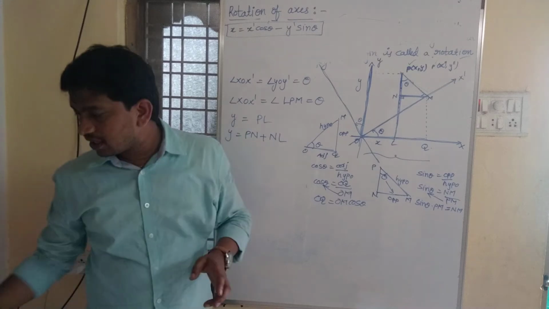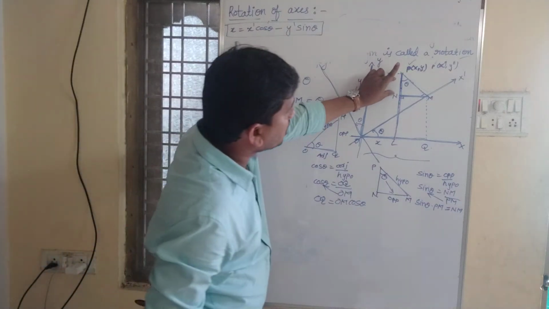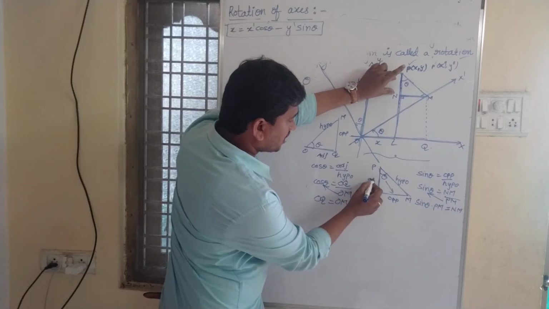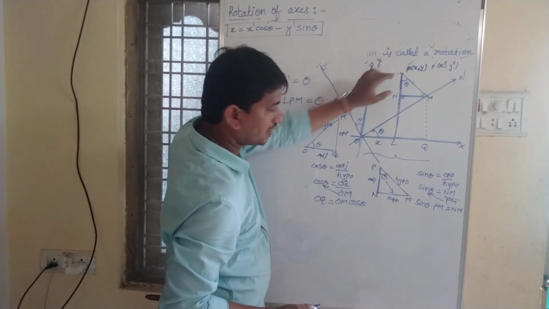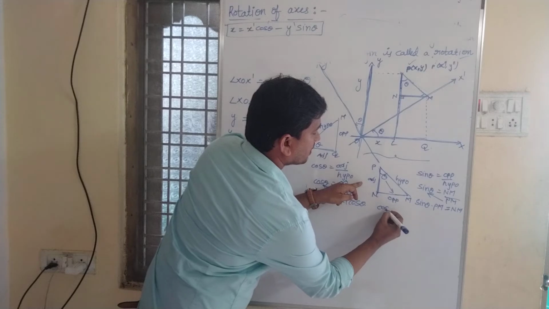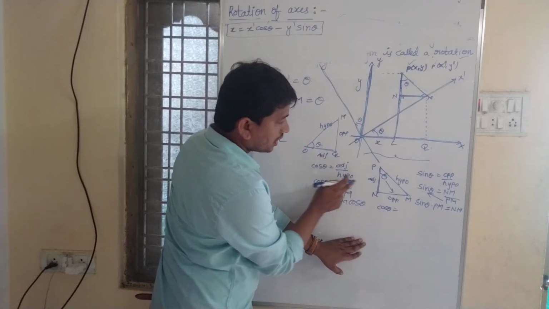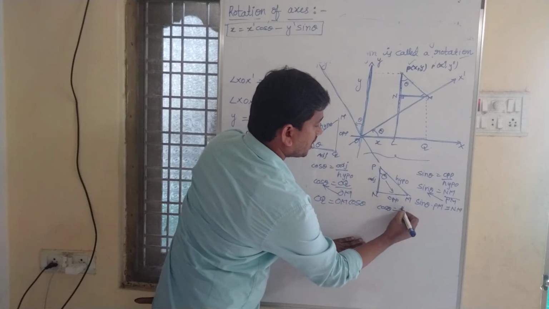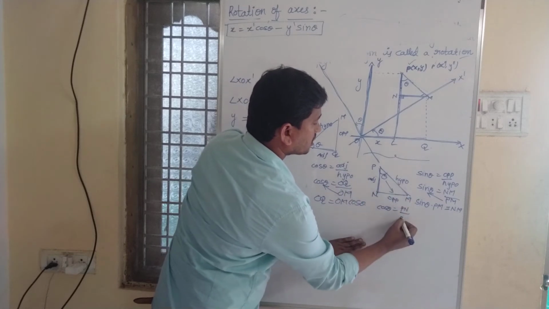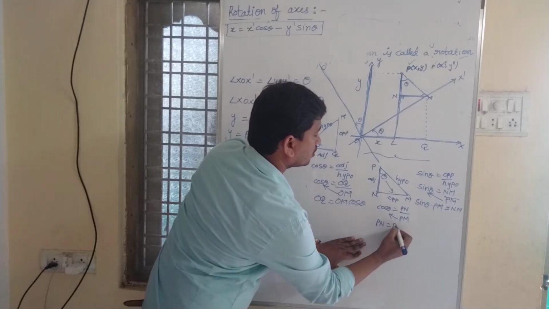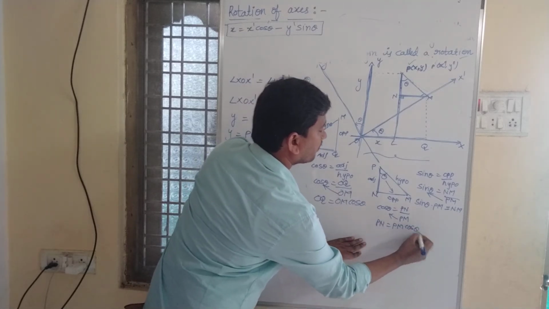So let us find PN and NL. This is PN, which we have to find. This is our adjacent, so let us use the cos ratio. Cos means adjacent by hypotenuse. In this case, adjacent is PN and hypotenuse is PM. So by cross multiplication, PN equals PM cos theta.